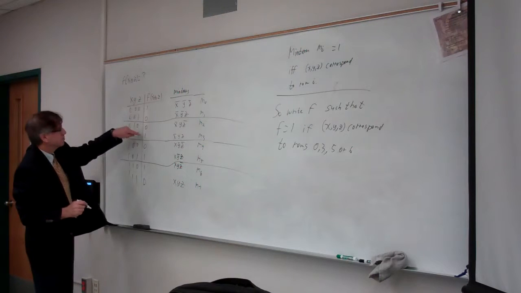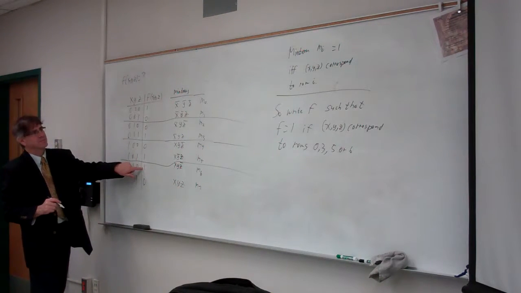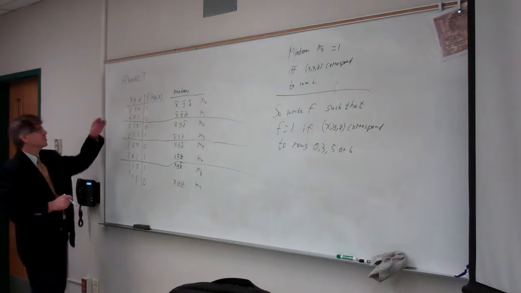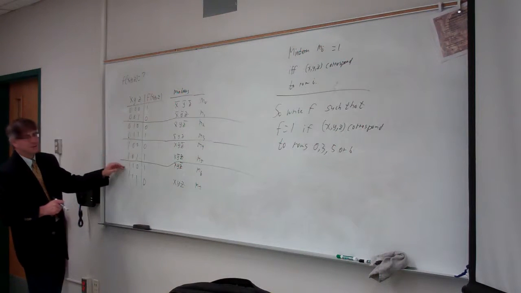In other words, rows 0, 3, 5, and 6. I want my function to be 1 in exactly those cases. Anytime that x, y, z correspond to the values here, here, here, or here.